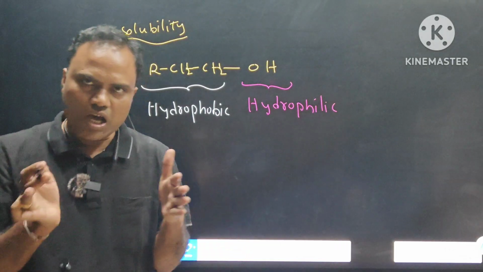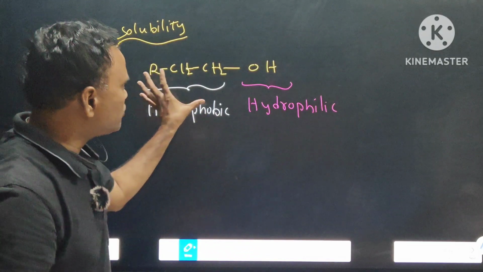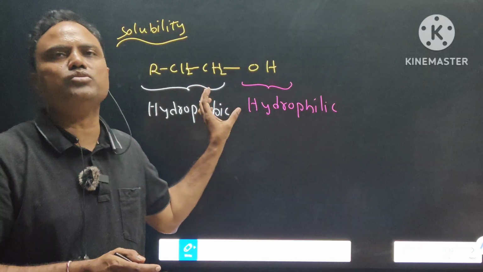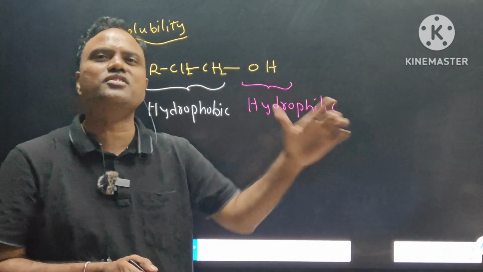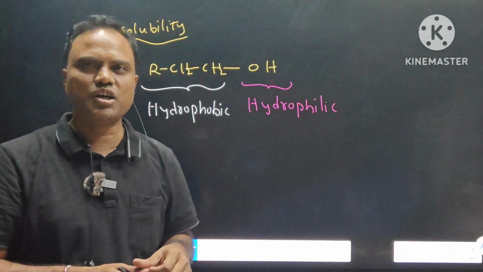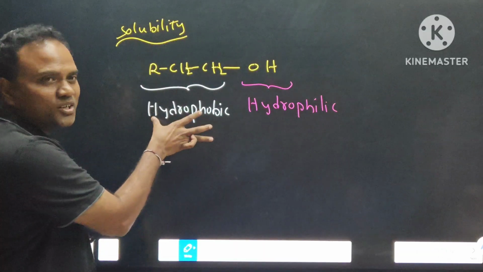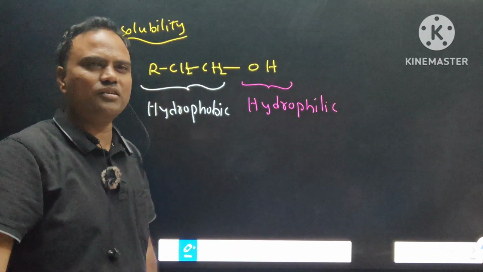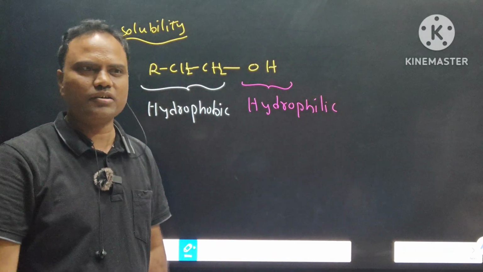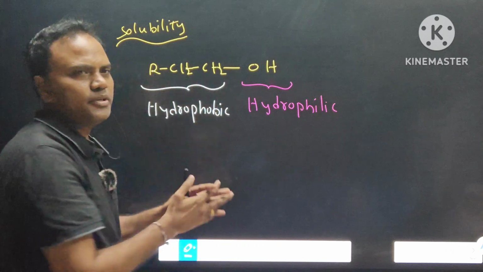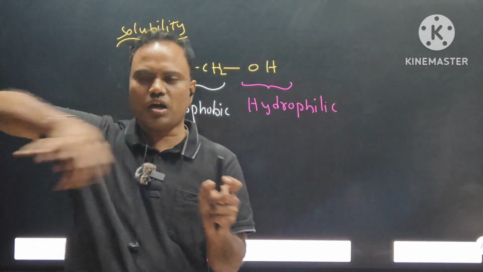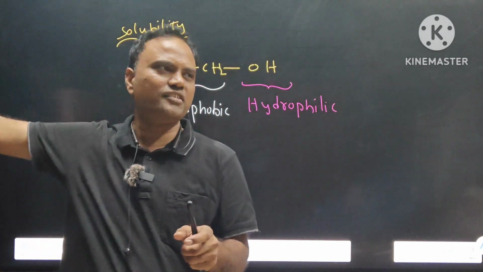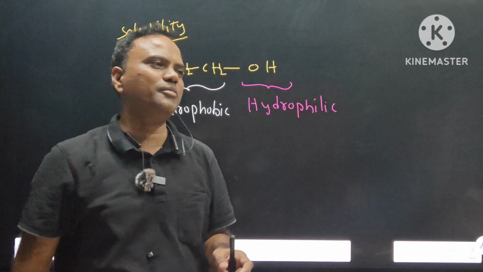In alcohol, if the hydrophobic part is more, meaning the carbon chain is longer, its solubility is less, because this part hates water and tries to come out of the water. That alcohol is less soluble.